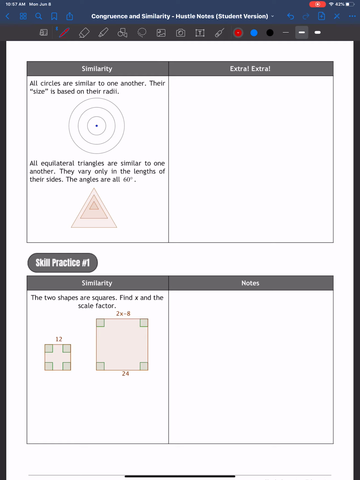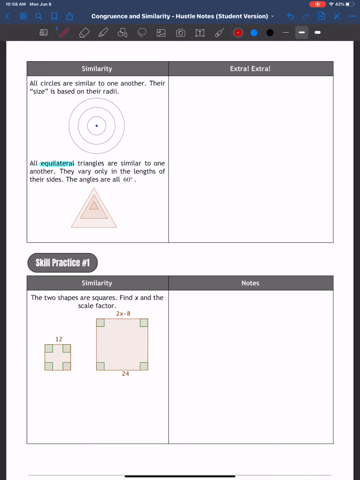So all circles are similar to one another. Their size is based on their radii. So basically a circle is similar to another circle no matter what, right? You can always figure out a scale factor because a circle is perfectly round. All equilateral triangles are similar, this being your key word, because an equilateral triangle always has 3 sides that are the same.